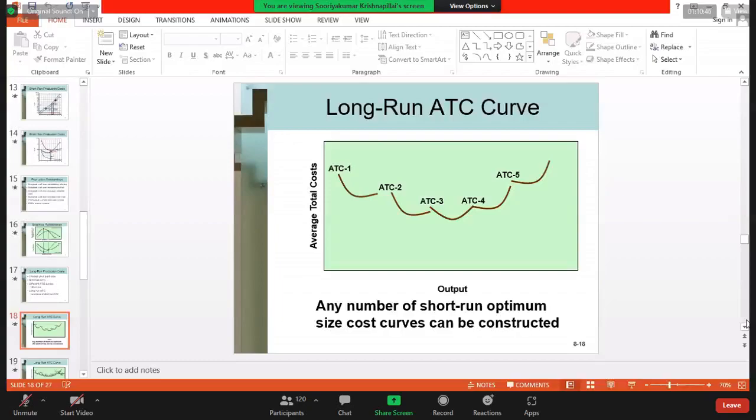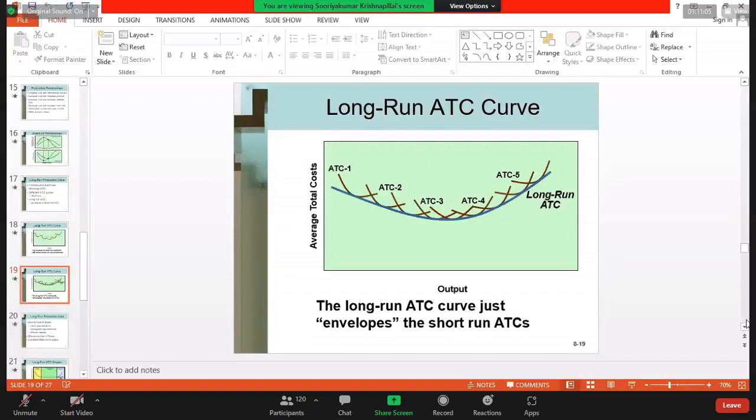If you use 3 machinery, like that, and 4 machinery. So these are a number of short run cost curves with different numbers of machinery. Any number of short run optimum size cost curves can be constructed. So then the long run average total cost looks like that.